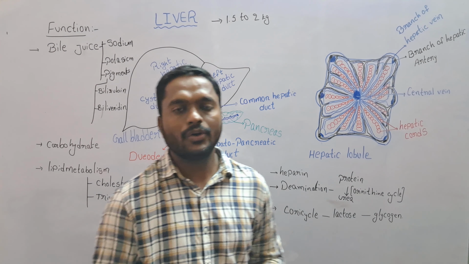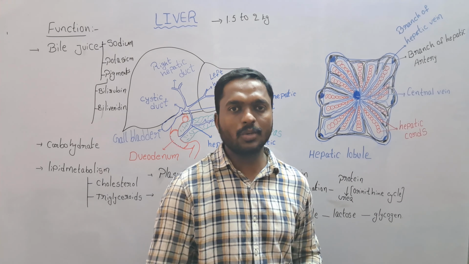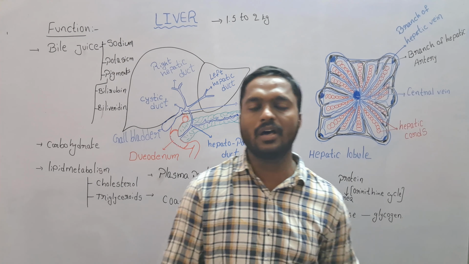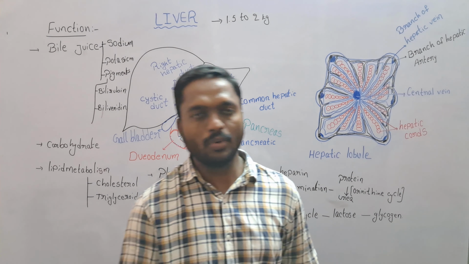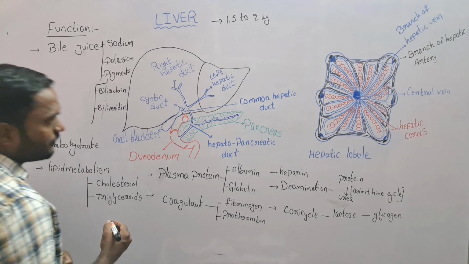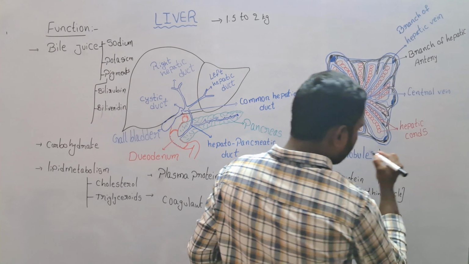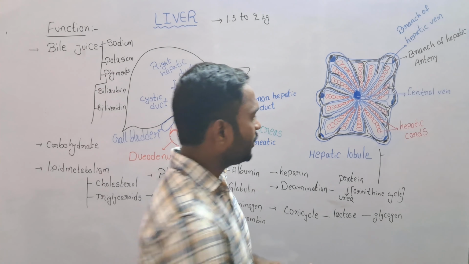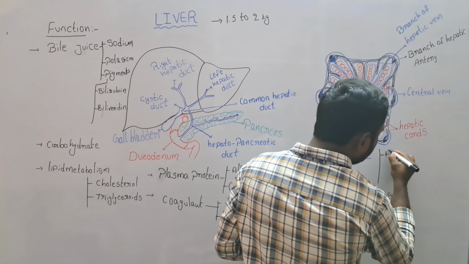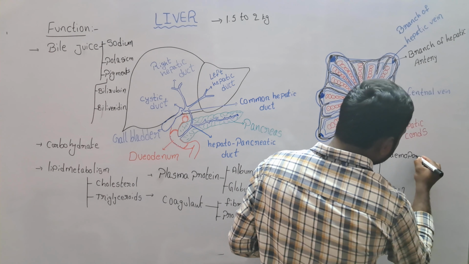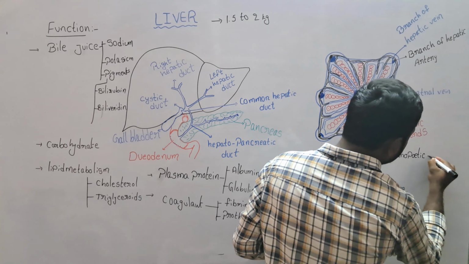The liver is also involved in thermoregulation. It means it is able to regulate the temperature in our body. The next type of function: it acts as a hemopoietic organ in the fetus.